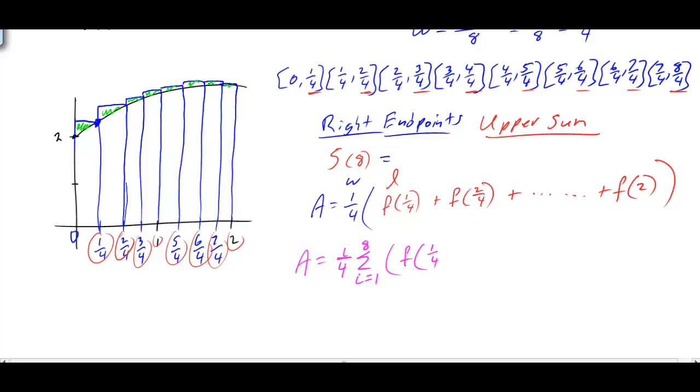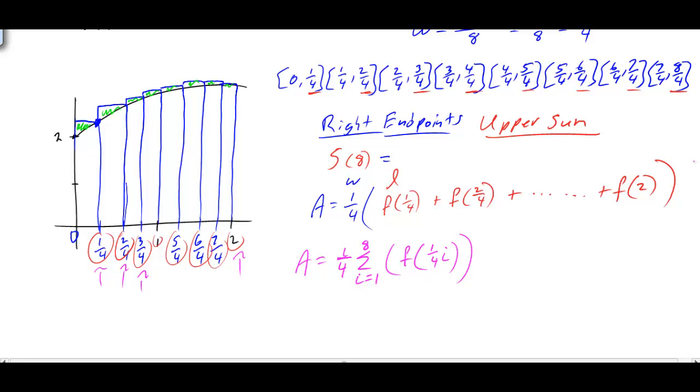Okay, that's your width, 1/4 times i. So that'll give us each of our widths as we increase. If we start with i equals 1, we get 1/4 times 1, which is 1/4. So therefore we start here at 1/4 on the right. If you plug in 2, you get 2/4, that's our next number. You plug in a 3, we get 3/4, and all the way up to 8, where you would get 8/4, which would be equal to 2.